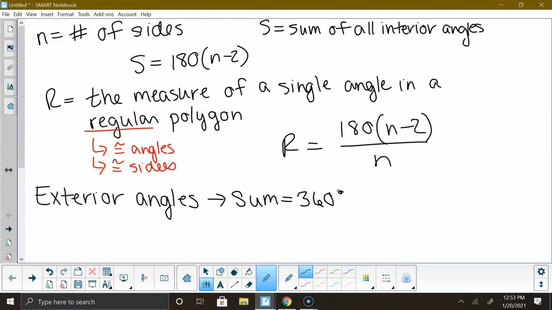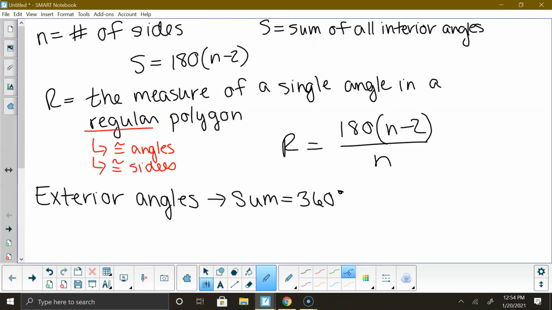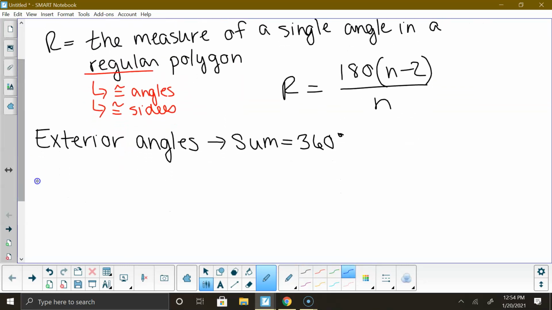Now, if you're just trying to figure out, I got a 10-sided polygon, so a decagon, what is a single exterior angle? The formula for that is going to be 360 divided by n, and that will give you just one of those exterior angles.